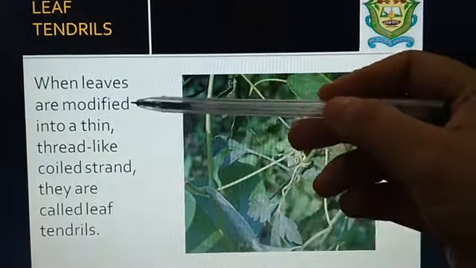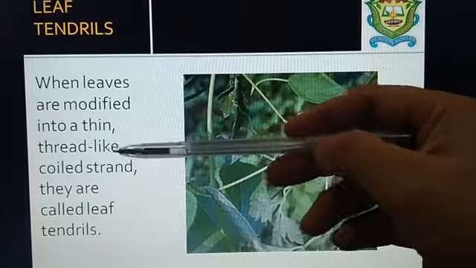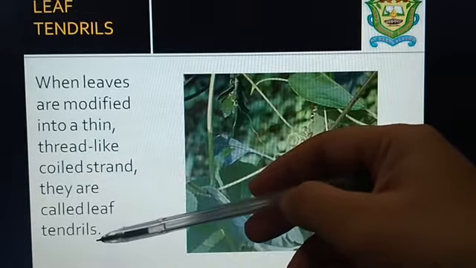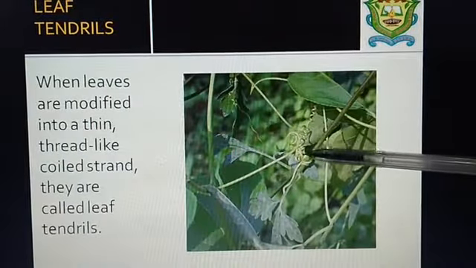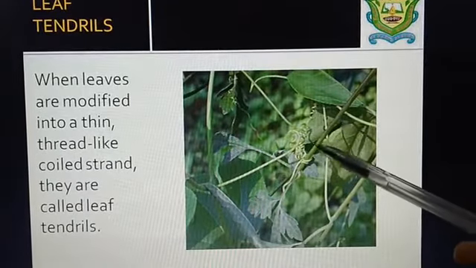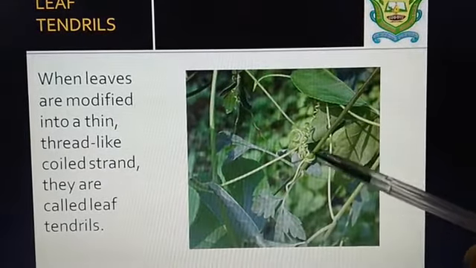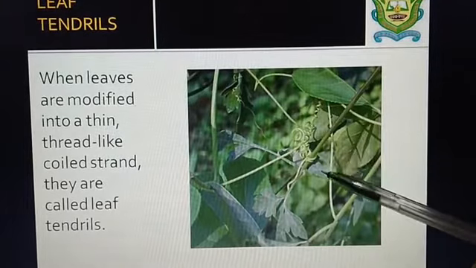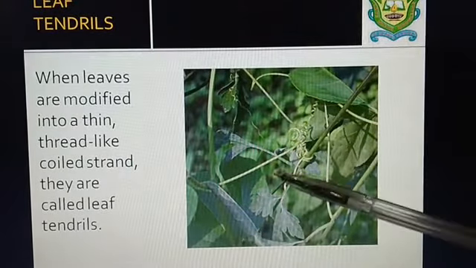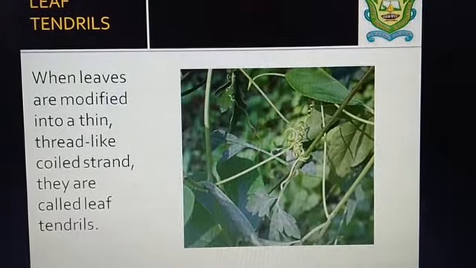When leaves are modified into a thin thread-like coiled strand, they are called leaf tendrils. These are the leaf tendrils. They show sensitivity to touch. They help in climbing. They coil around a support in order to give support to the weaker stem.